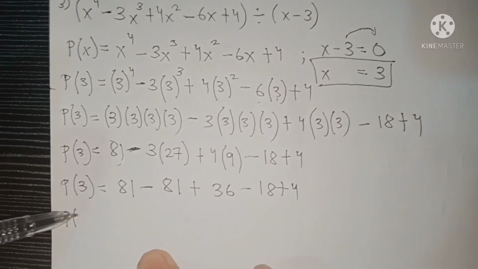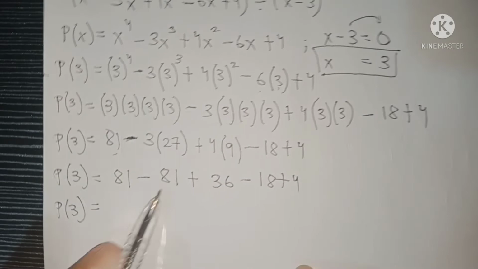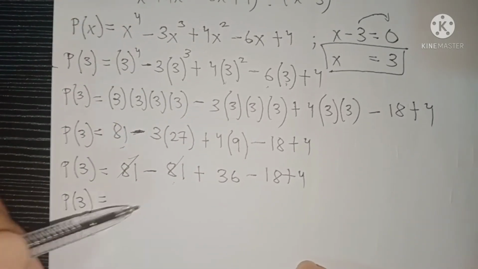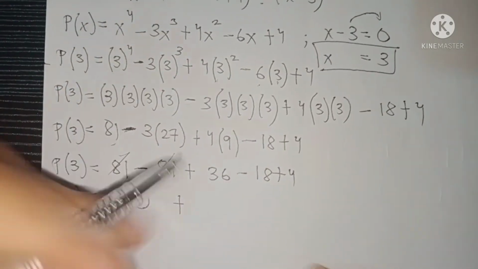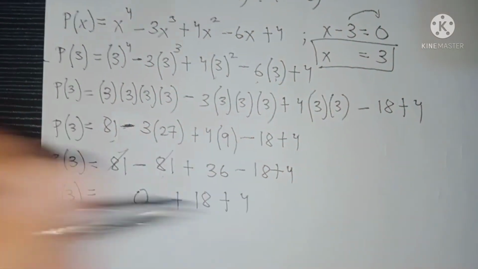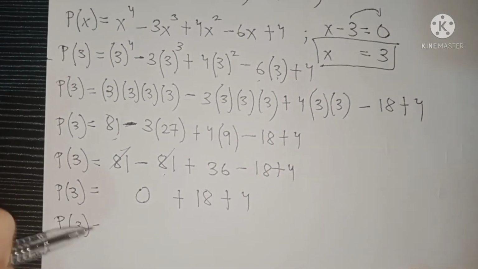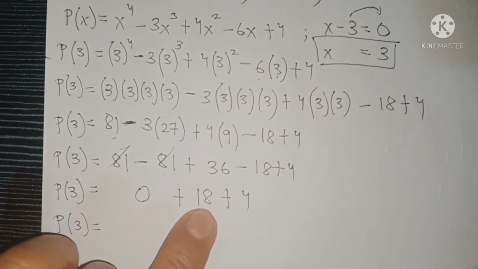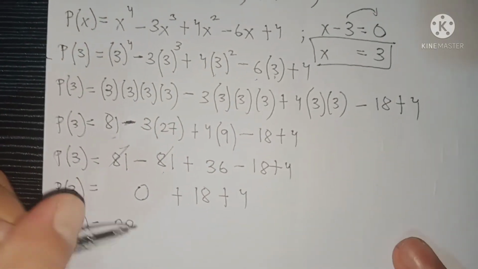So you have p of 3 equals, as you can see, 81 minus 81 is 0, and then plus 36 minus 18 is 18, and then plus 4. So 0 plus 18 is 18. 18 plus 4 is 22.